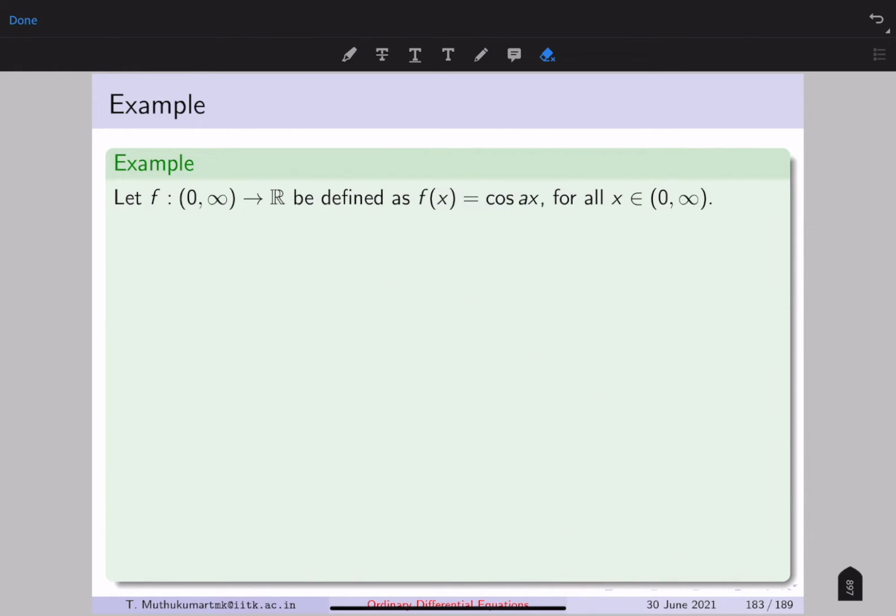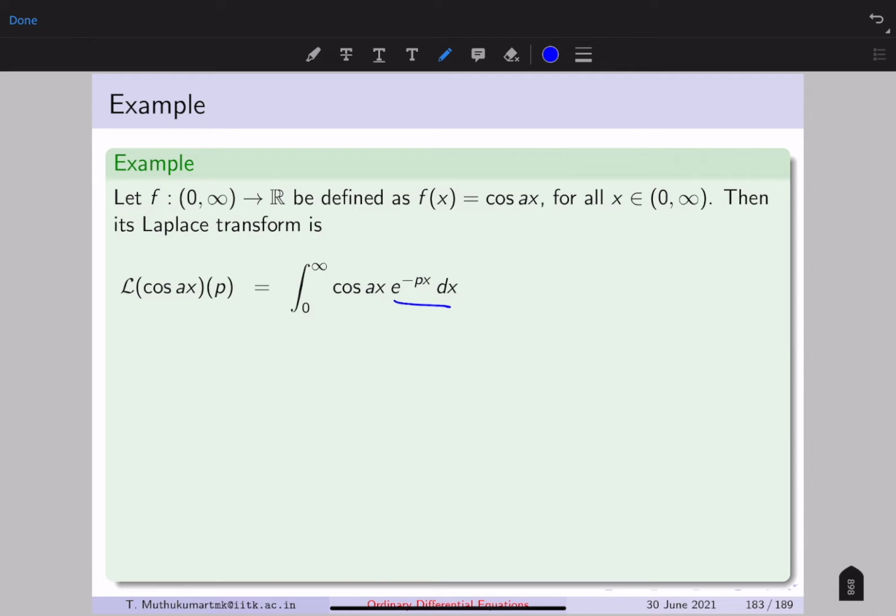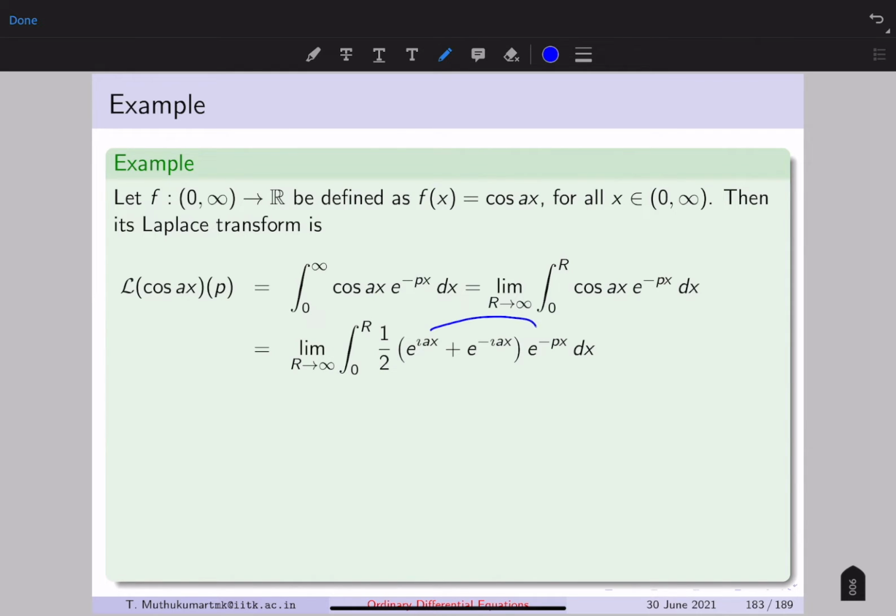Take the cosine function, apply the definition, cos ax e power minus px. Do whatever we did in the previous example. This integral is the limit of r going to infinity of this. Now you replace cos with the identity that you have, which is e power iax plus e power minus iax over 2. Right, now you bring the exponentials together.